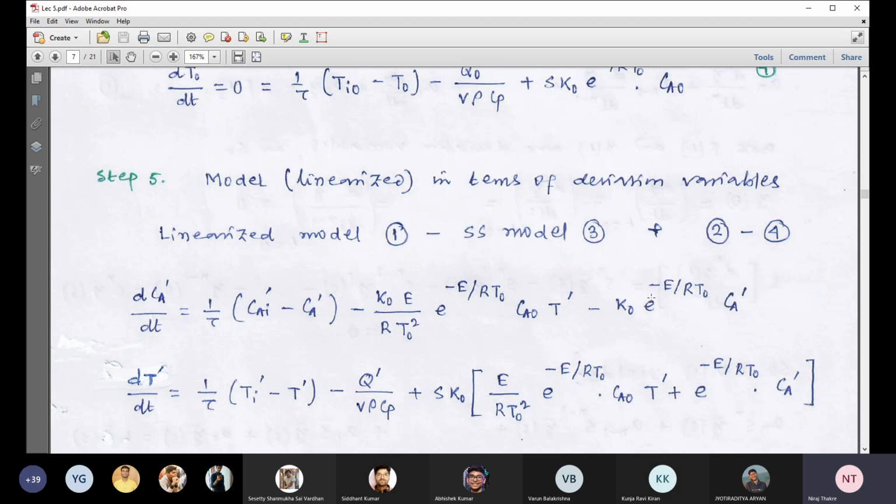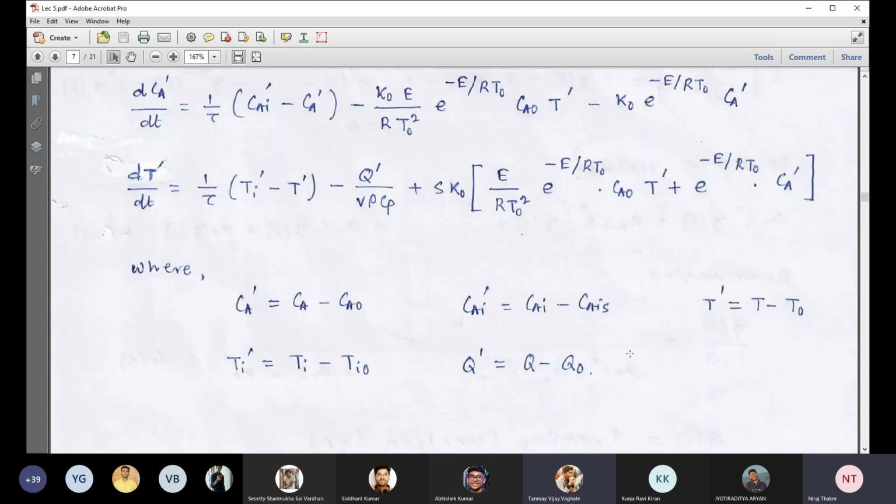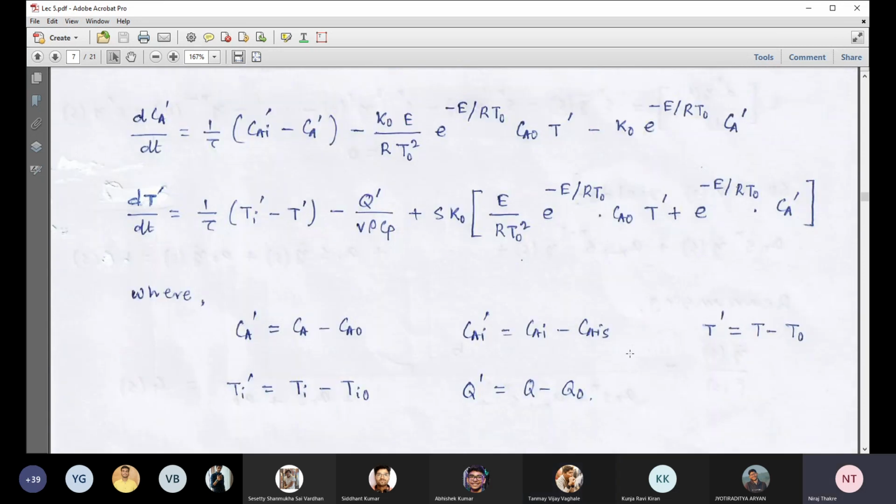Let me know if anyone got both the equations. Yes, sir, they are matching. Matching? Okay, good. So I think these deviation variables you have considered. You see? These are the deviation variables. Okay?